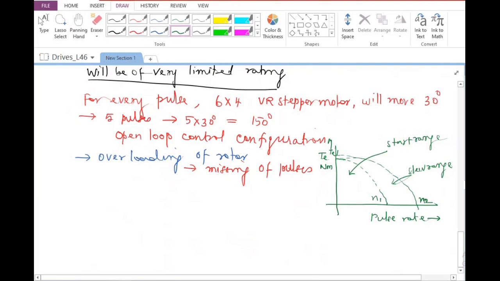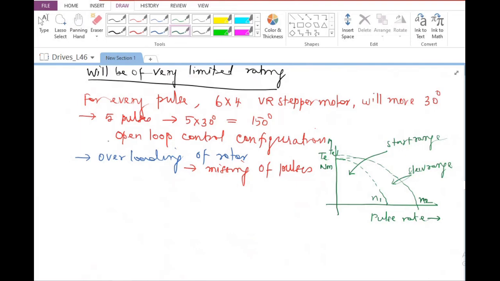So this is a very, very important parameter that is normally specified in the stepper motor's data sheet. How much torque will it be able to handle during starting, how much torque will it be able to handle with an already up and running rotor, and what is the maximum speed up to which it will not miss any of the pulses in terms of movement.